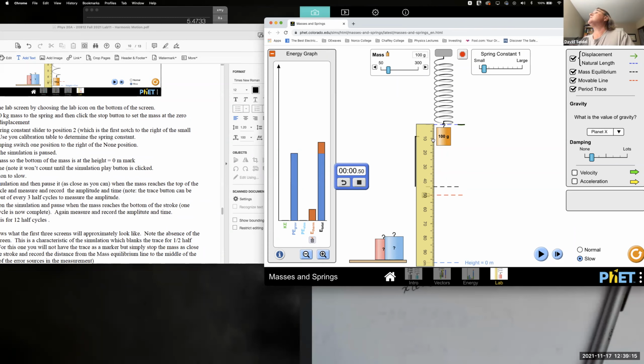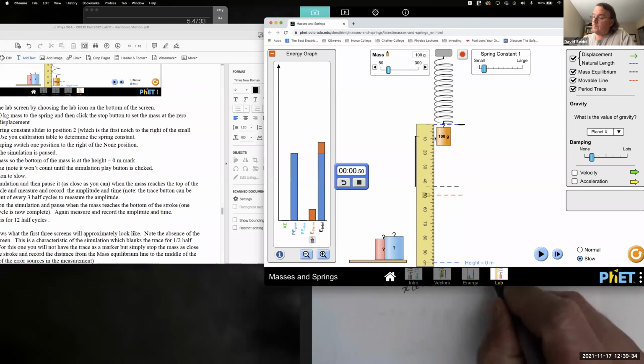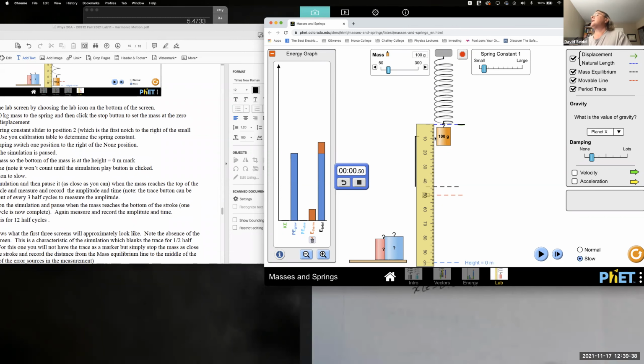I had center to center, and I read across here, and I'm going to say that that was 10, 20, 30, 40, about 42. So I'm going to write it's at about 42 centimeters.